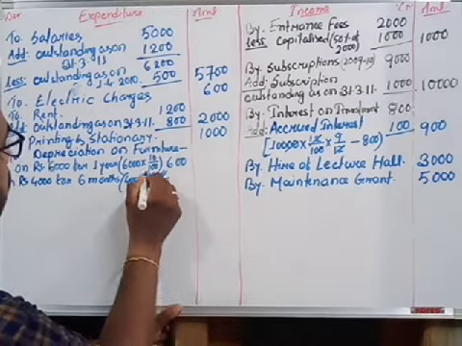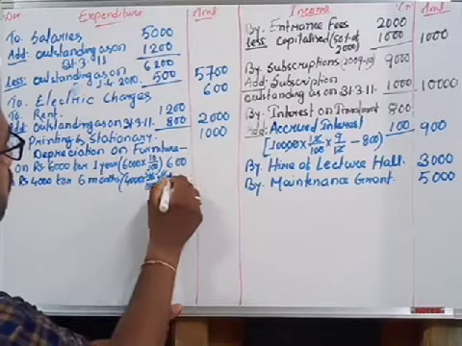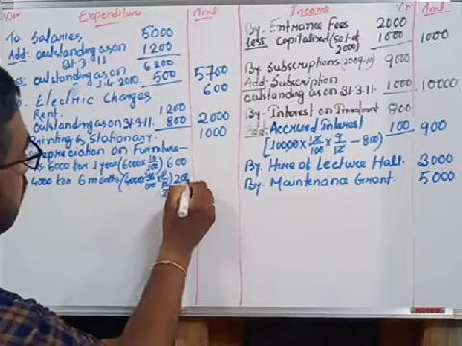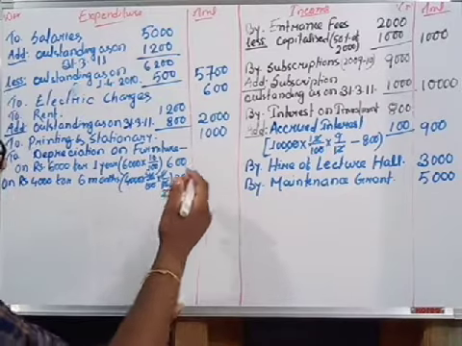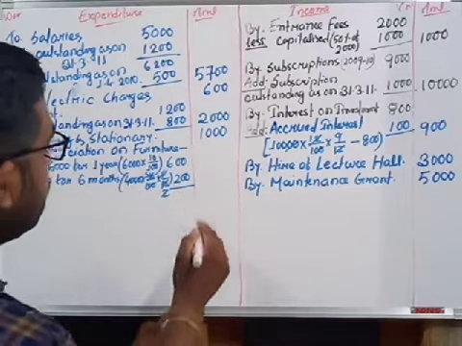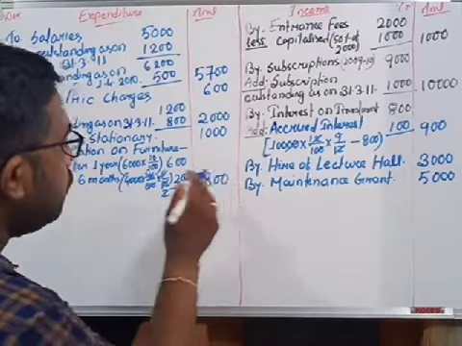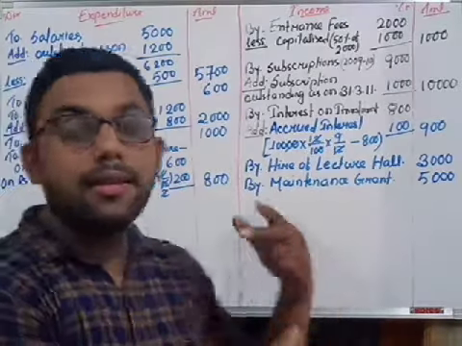That is 200. So what is the value of depreciation? 800. Okay, you can do this adjustment in workings.